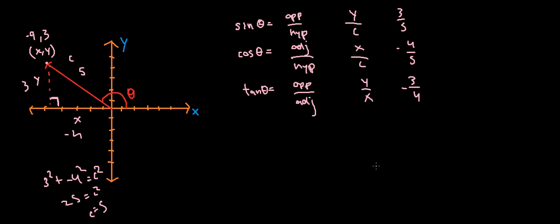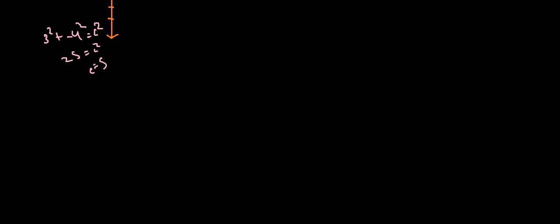The only other thing that might be a little bit tricky is what angle to use if I was just given an angle rather than the sides. So let me make another graph.